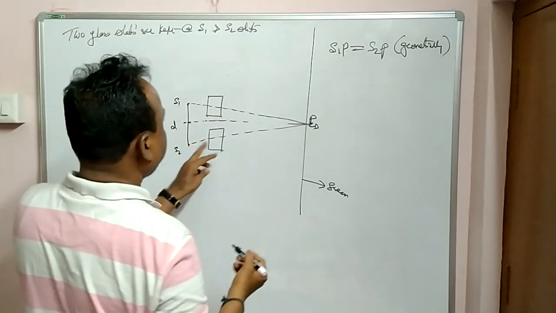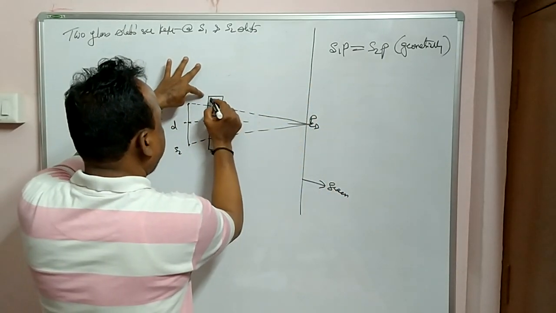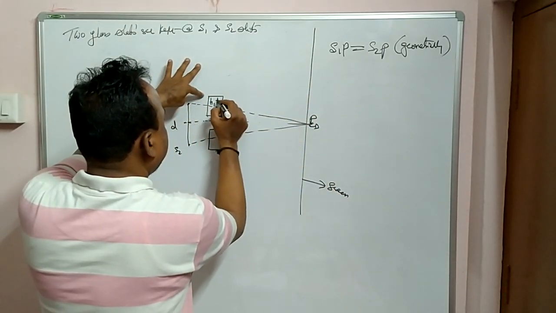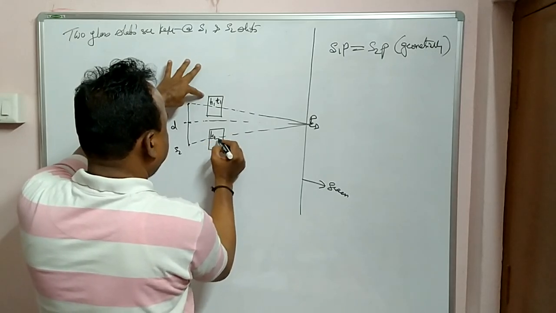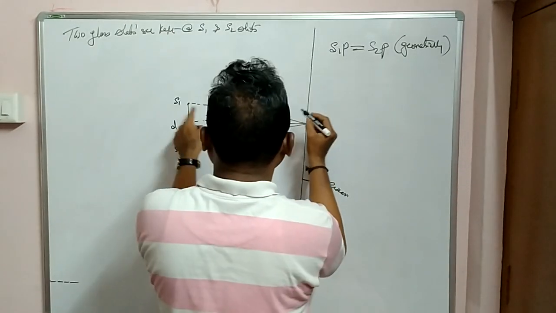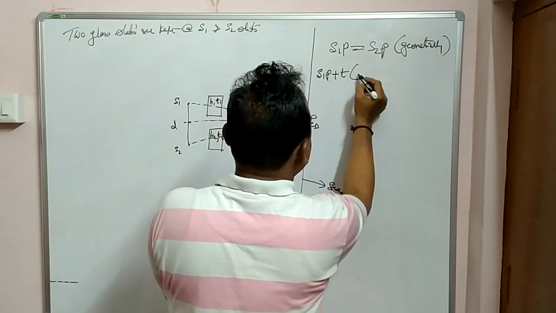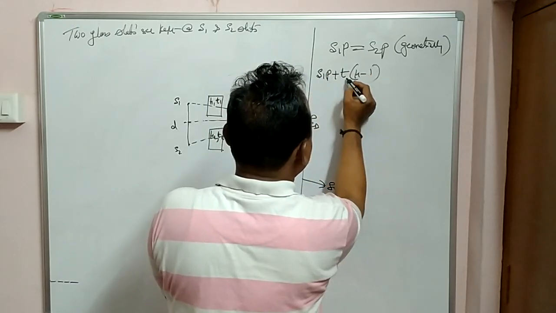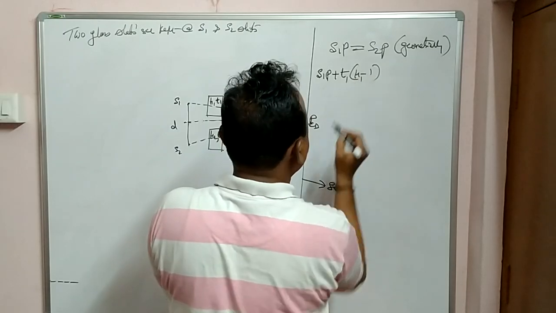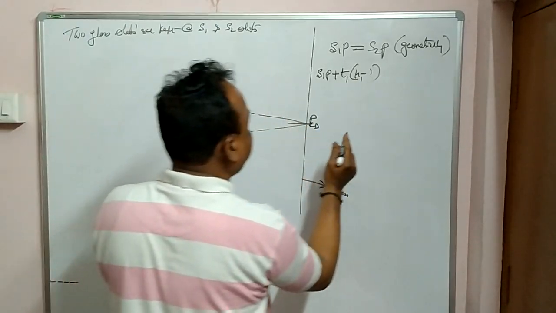See, so you can geometrically S1P is equal to S2P, but because of this one, for example, the refractive index mu1, thickness T1, mu2, thickness T2. Now how much extra distance this one wave has to travel? S1P plus t into mu minus 1, that is T1 into mu1 minus 1. This way, ఈ wave ఎంత travel అవ్వాలి?